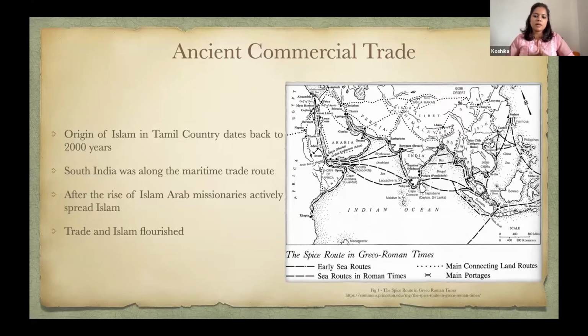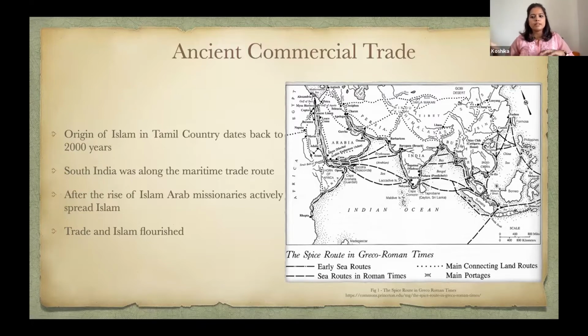Why Tamil Nadu was more important for commercial trade: if you see this map, you can see that Tamil Nadu is in the middle. It's like a transit point. If you come from Arabia, it is a transit point, and even if you come from China, it's a transit point. Evidence proves that Arabs came to Tamil Nadu, stopped their ship, and then moved to China.